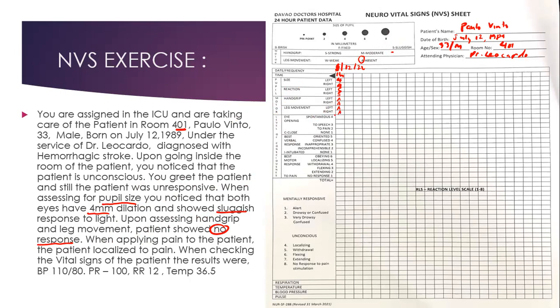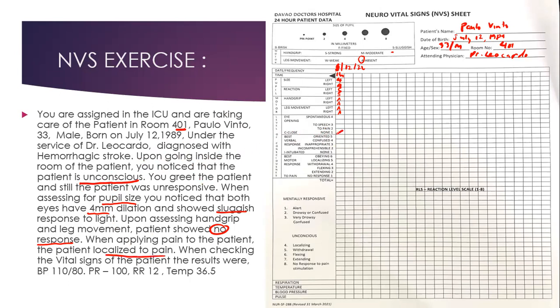Now, eye opening for the GCS. Ano ba yung eye opening niya? 4, 3, 2, or 1? So, sulat nyo. Anong eye opening? So, when you're going inside, you notice the patient is unconscious. Therefore, it is none. Diba? Kasi wala. Close ang eyes. Ay, hindi pa pala. None. Pero, upon applying pain, nag-localize sa pain, wala pa rin. Hindi talaga siya nag-open ng eyes, no?